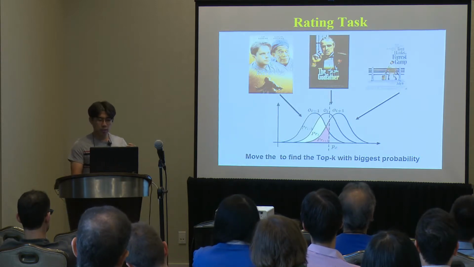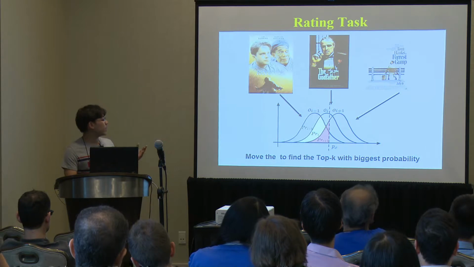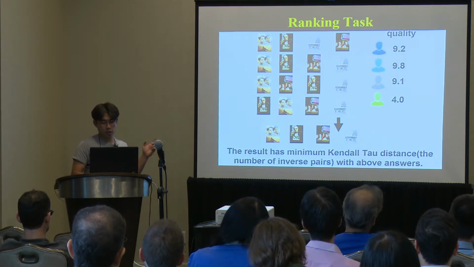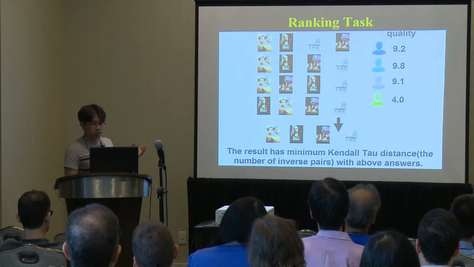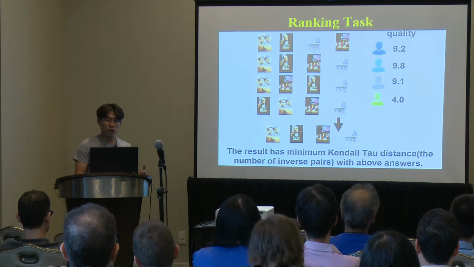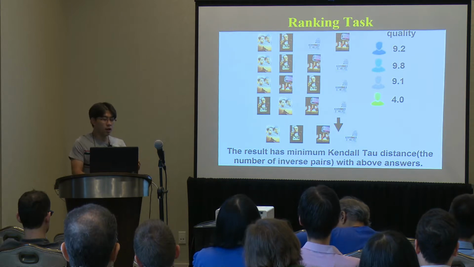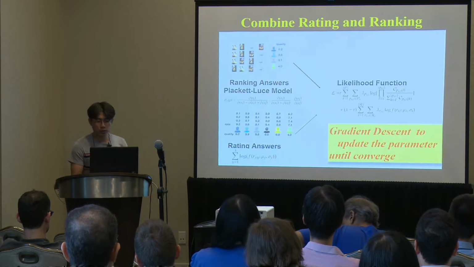If we consider the rating task only, each movie is an object, and we find the distributions with the top-k biggest probability. Let's consider the ranking task. Each worker gives a ranking result, and we use learning to rank to find the result with minimum KT distance to all the users. The KT distance means the number of inverse pairs.